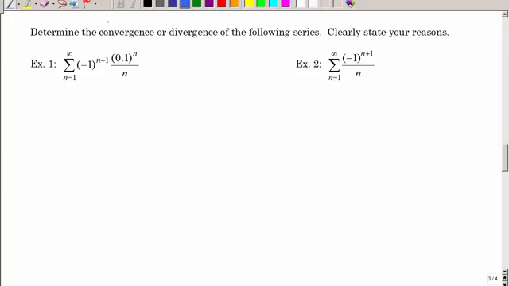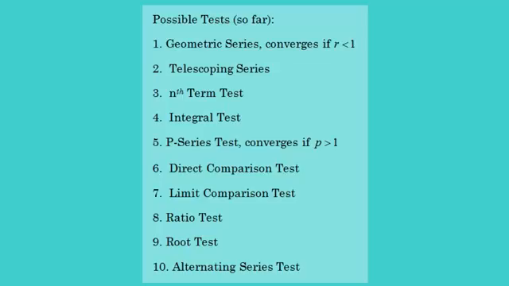So we're going to determine the absolute convergence, conditional convergence, or the divergence of the following series. And now we've gone over all our tests, all 10 of them. Let's see if you can list them. Pause it, see if you can list 10 tests. Okay, so now look at your list.